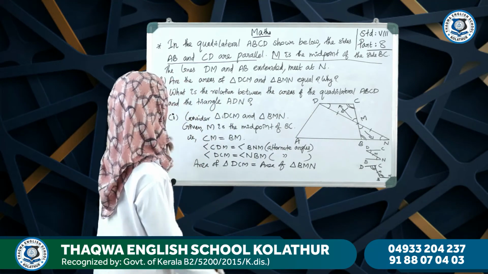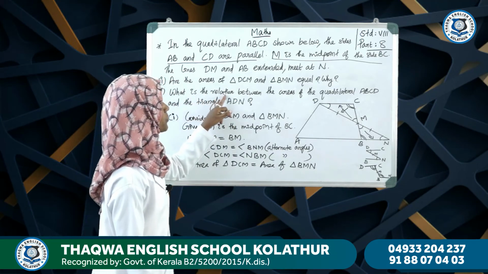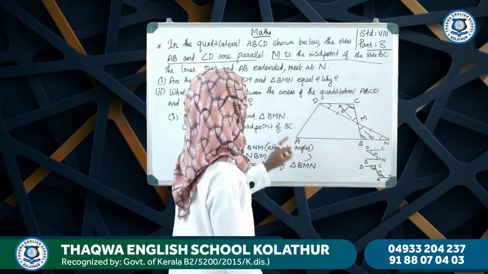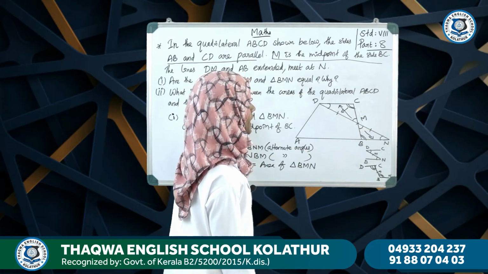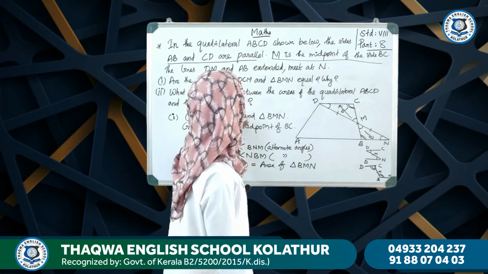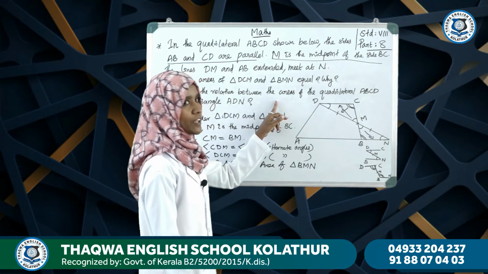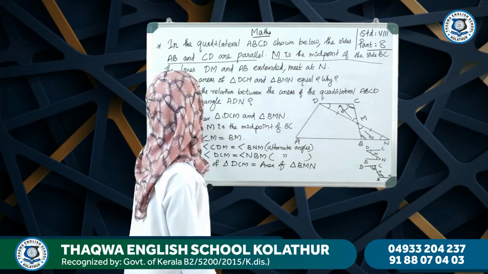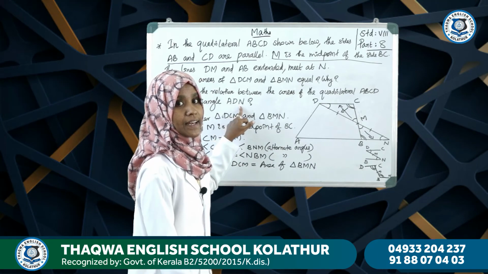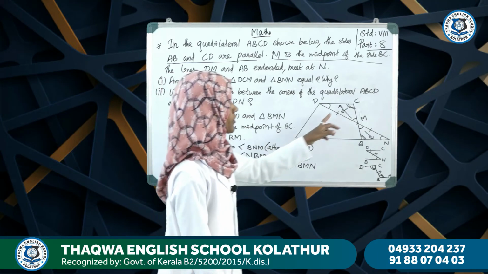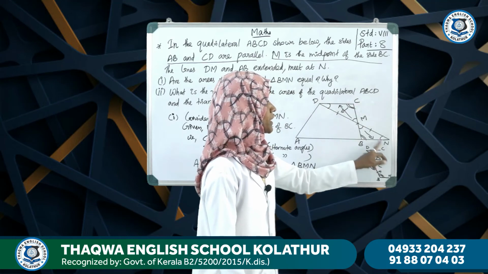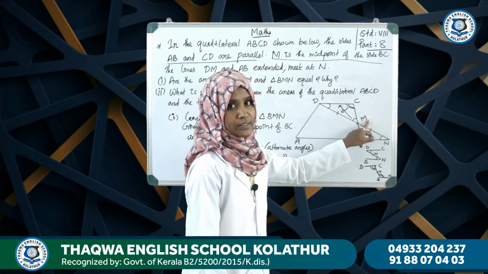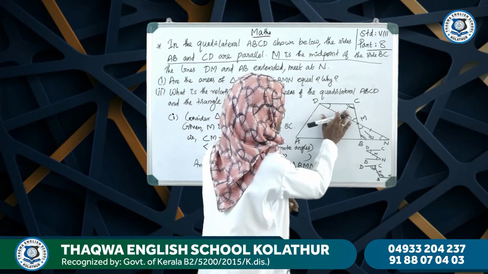The next part, second part: what is the relation between the areas of the quadrilateral ABCD and the triangle ADN? Can you say what is the relation between the area of quadrilateral ABCD and the area of triangle ADN? We already got that triangle DCM and triangle BNM are equal. Okay, now listen.